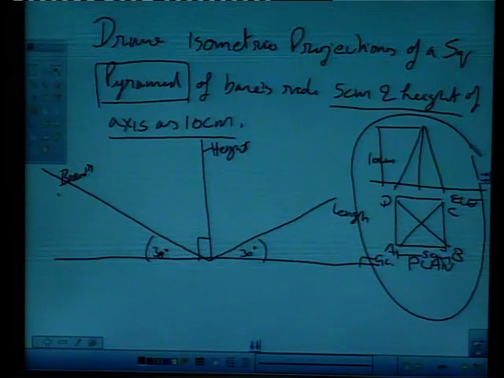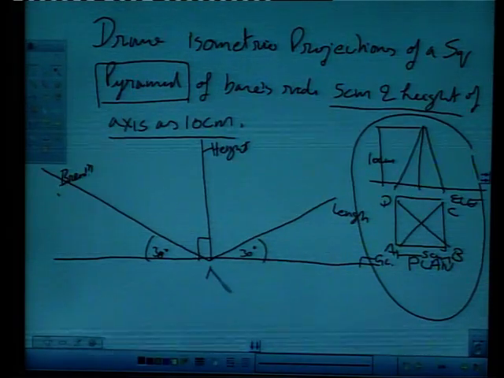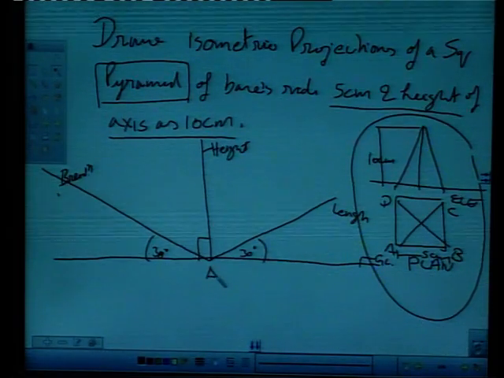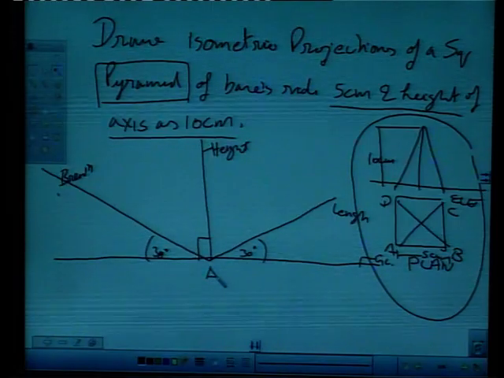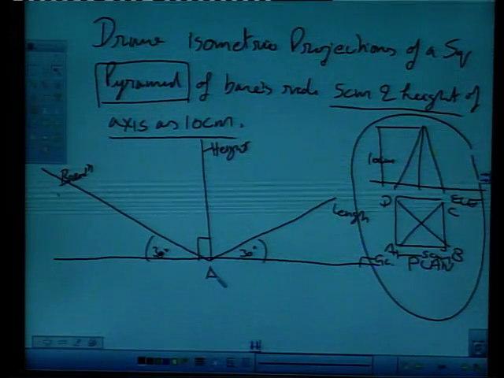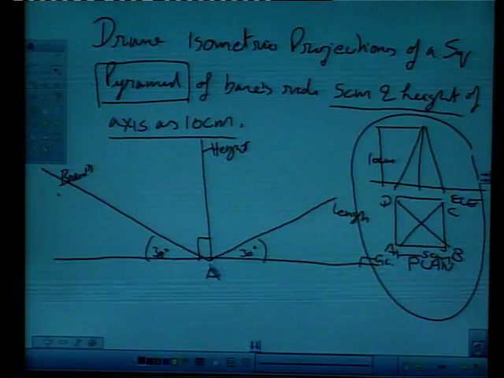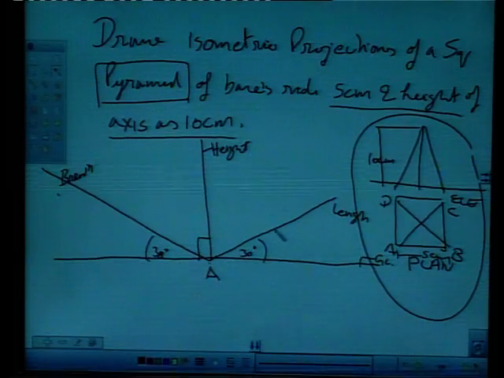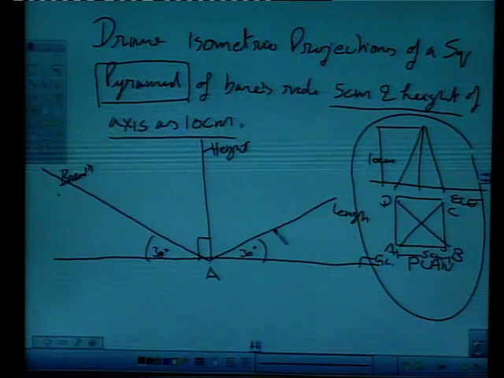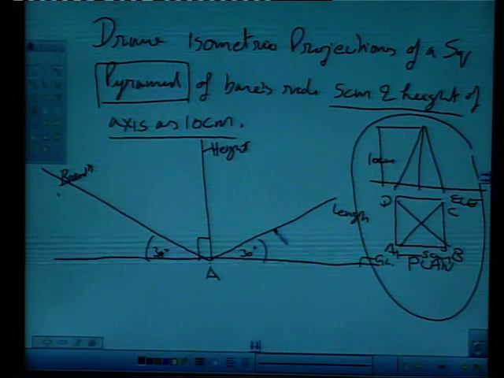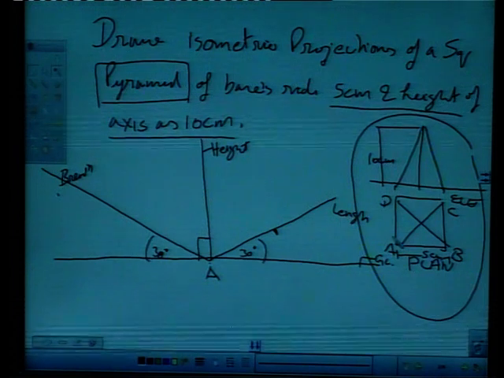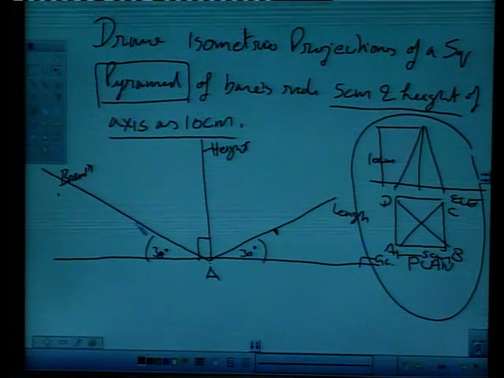Say this point is here A, right. So to start, we will mark 5 centimeter on this length line from point A. Say this distance is 5 centimeter and breadth also is 5 centimeter as it is a square pyramid.